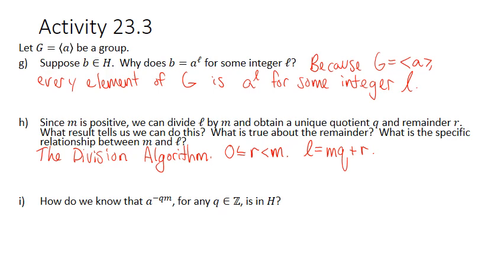Okay, and finally, part I, how do we know that a to the negative qm for any q in Z is in H? So this is because we assumed that m was in that S set. So that S set, remember, was keeping track of all the exponents of a that gave us elements in H. So that tells us that a to the m is in H. And then once you know that a to the m is in H, then any power of a to the m also has to be in H, because H is closed under its group operation, which is multiplication.